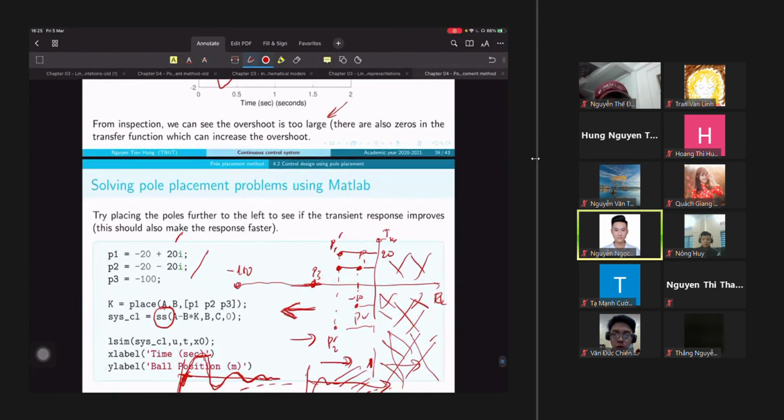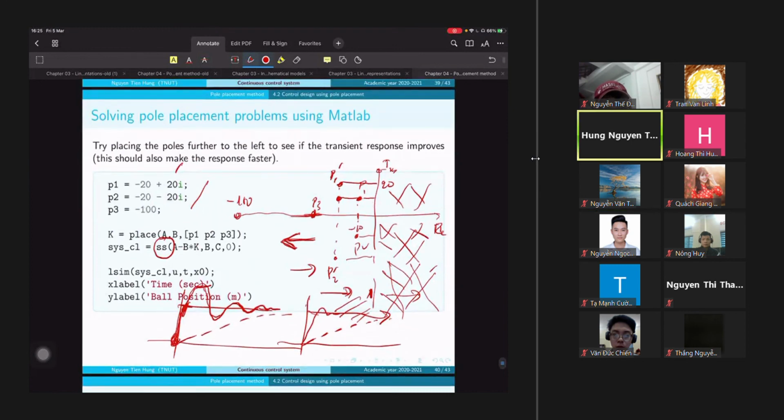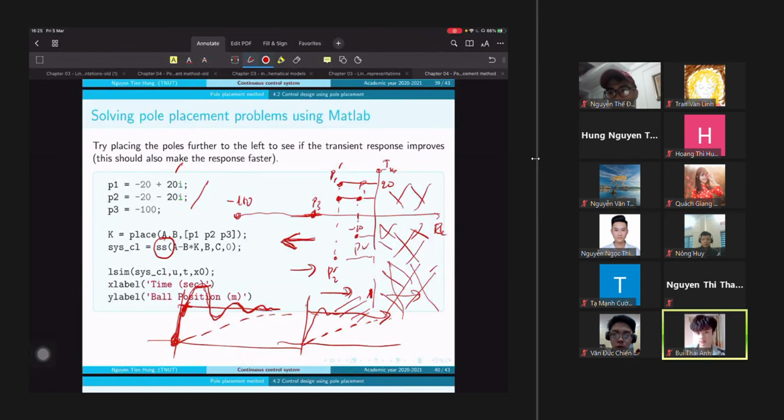Do we have any questions so far? Everything okay? Good. So remember, up to this point, I finished chapter 4.